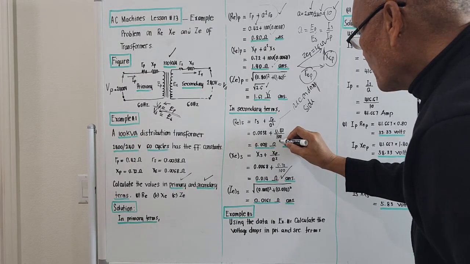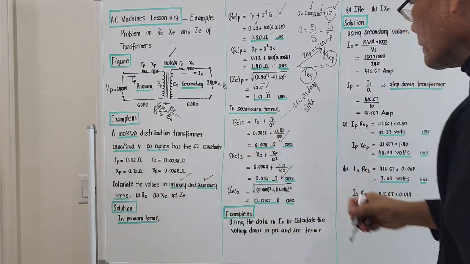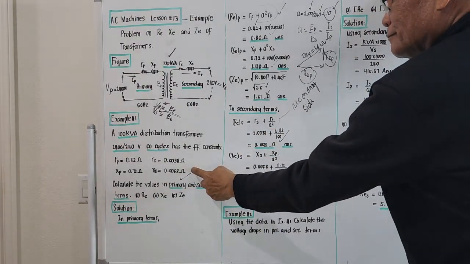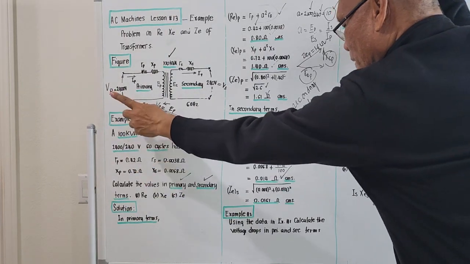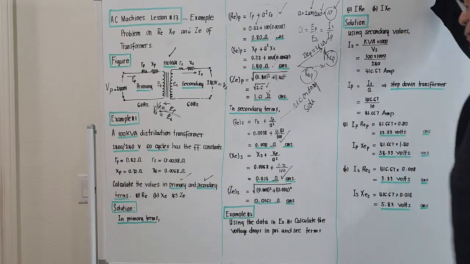Okay, that's for the equivalent resistance referred to the secondary. For the reactance, I will repeat it: 0.0068 plus 0.72 divided by 100. What comes out is 0.014 ohms.